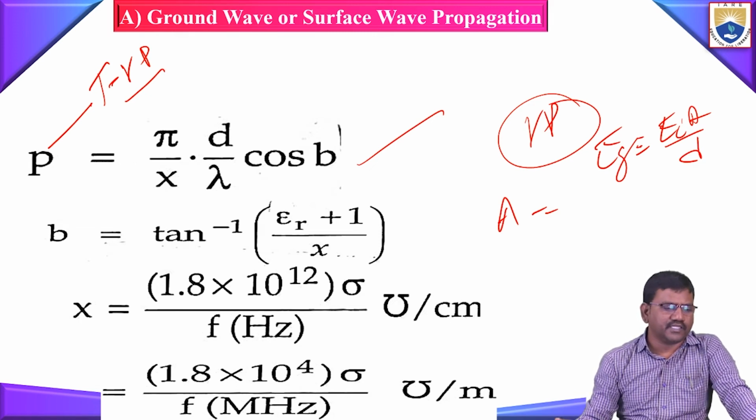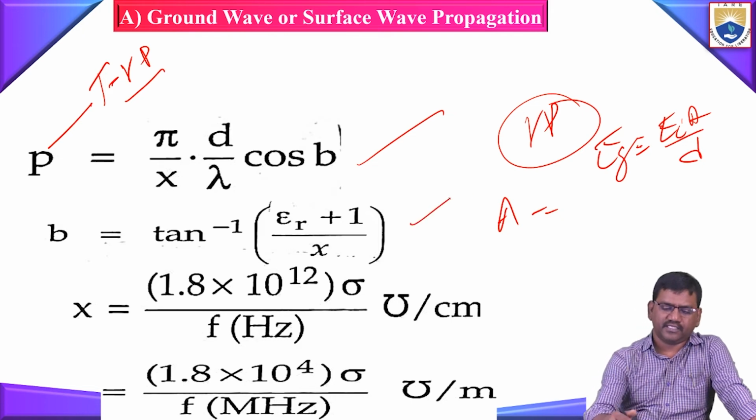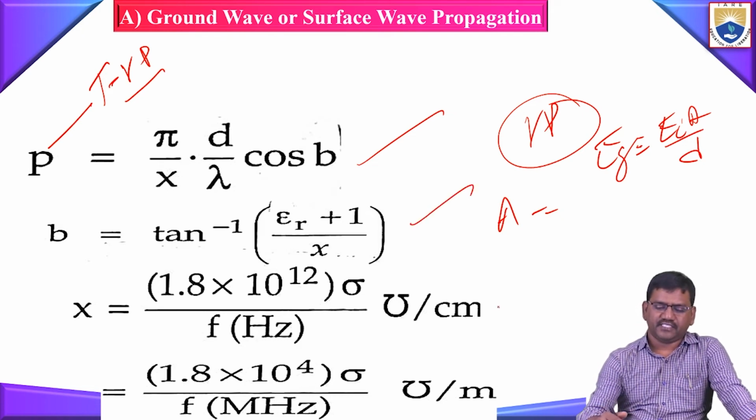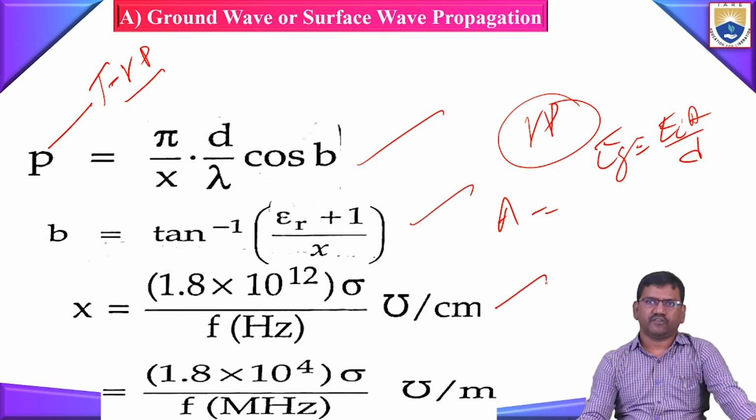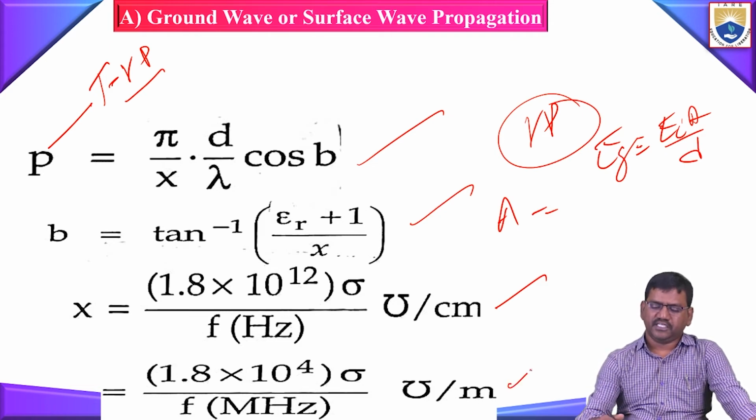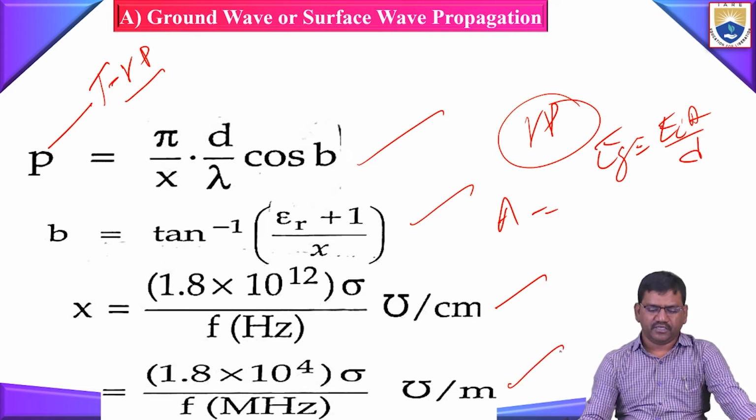Here b is equal to tan inverse of epsilon r plus 1 by x, where x is given by 1.8 into 10 power 12 sigma by f mho per centimeter. We can also represent it in terms of meters as 1.8 into 10 power 4 sigma by f mho per meter.